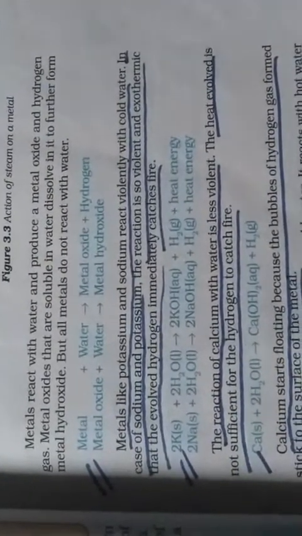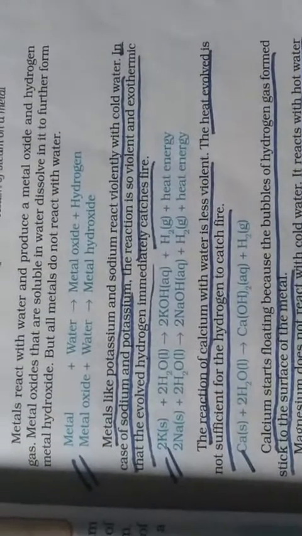A huge amount of heat is released during the course of reaction. So that amount of heat and the evolving hydrogen can easily catch fire. Such a highly exothermic reaction is the reaction of potassium or sodium with water.